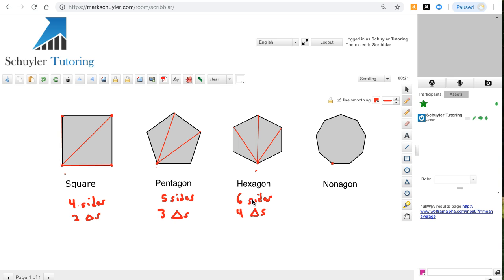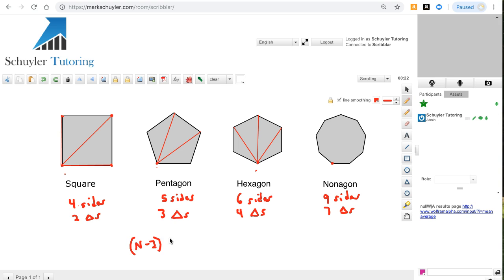There are 2 fewer triangles than the number of sides of the shape. I bet you can predict how many triangles we would be able to draw inside of the 9-sided nonagon. Any predictions? Of course, lagging 2 behind: 7 triangles. Now, the formula works because of that lag. You have to subtract 2 from the number of sides.